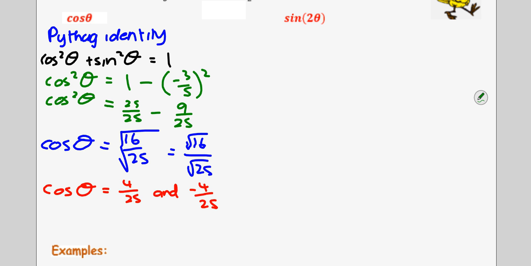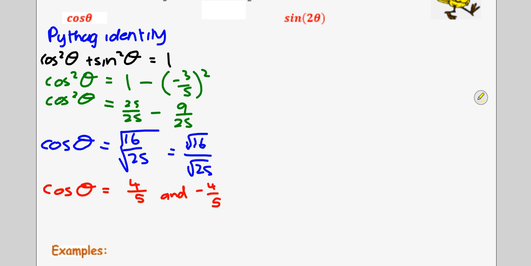So what were you going to say, Krista? I was going to say, because we're in quadrant 3, cos is negative. Good, yeah. So which one do you accept as being your answer? The second one. Exactly.